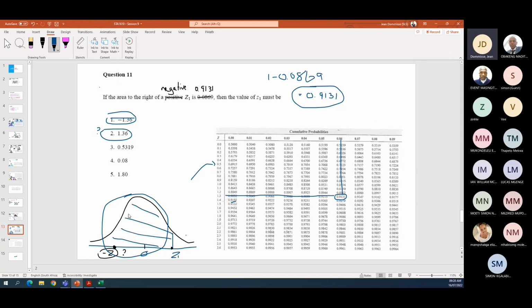If they give me this area, I'll say 1 minus the big area in a positive table to get that. I will seldom go to the negative table first in the exam, just because one can easily make a mistake.